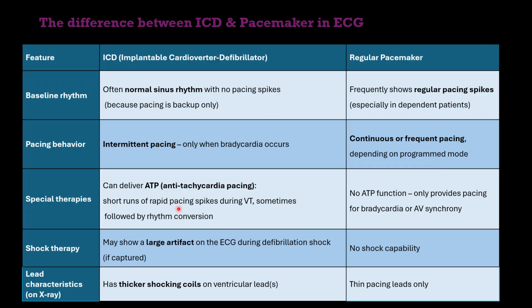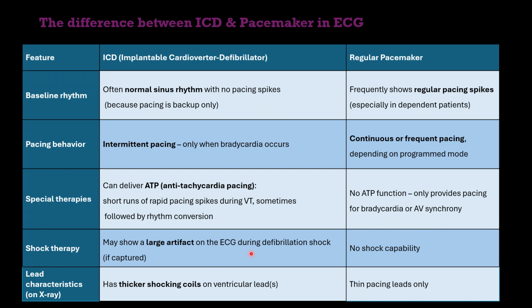In patients who have ICD, it can deliver anti-tachycardia pacing, a short run of rapid pacing spikes during VTAC, sometimes followed by rhythm conversion. A pacemaker has no ATP function and only provides pacing for bradycardia or AV synchrony.